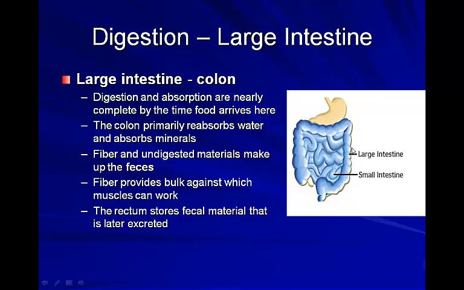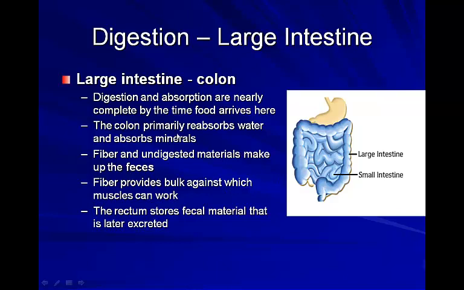And a lot of those bacteria also make different vitamins, B vitamins, especially K. Vitamin K is a big vitamin that our body makes. That's why it's very rare to ever see a vitamin K deficiency, because there's bacteria in our gut, in our intestine, that actually make it for us. So we make some vitamins, we reabsorb some water back into our bloodstream, and then we pass all this fecal matter out to our rectum where it is later excreted.